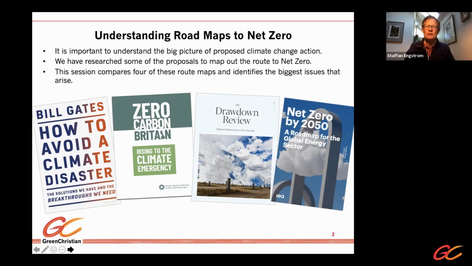It's really important to understand the big picture of climate change as it's rolling through and how the action is planned, is proposed to take it forward. We've researched those proposals, mapped that out, and what we're going to try and do now, very, very quickly, is to give you an overview, an understanding of those route maps to identify the biggest issues that arise.